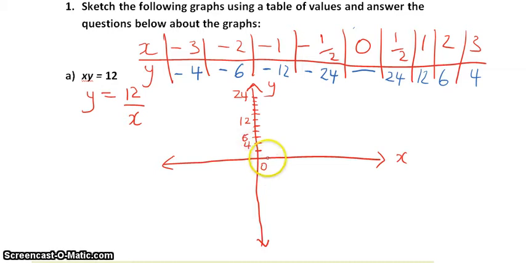4. Along the x I've got half, 1, 2, 3, half, 1, 2, 3. Clearly labeling everything.